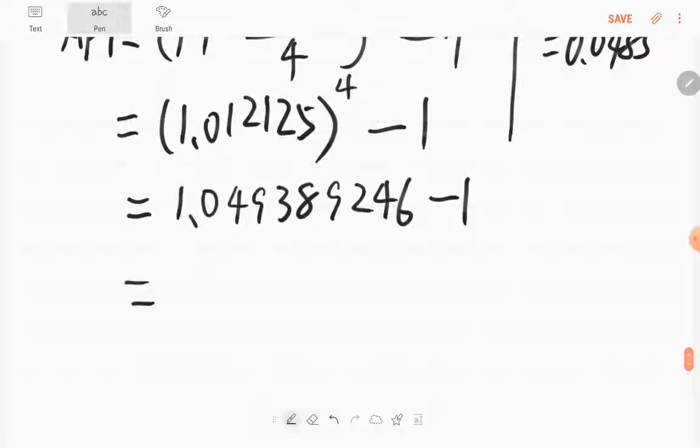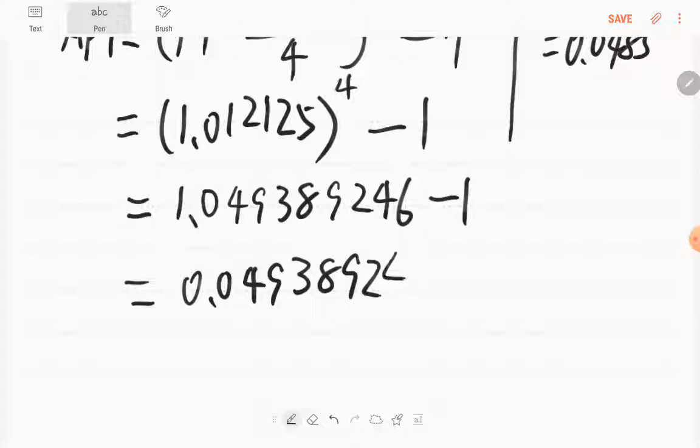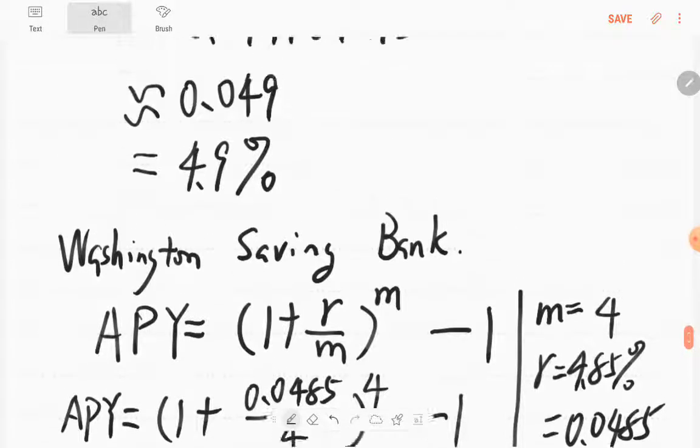So this is 0.049389246. So you compare with the previous one.